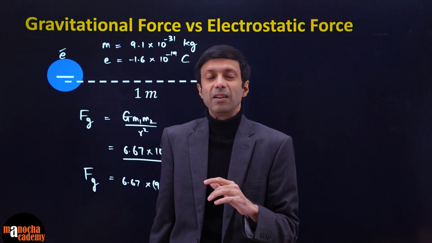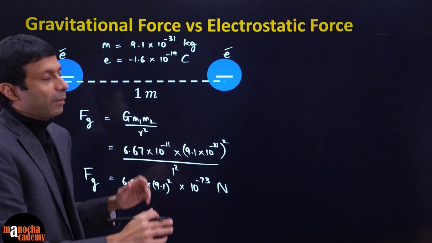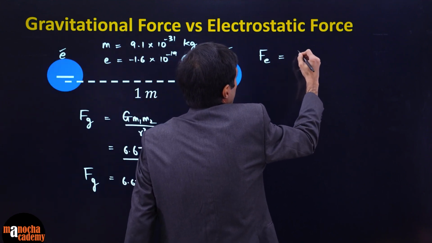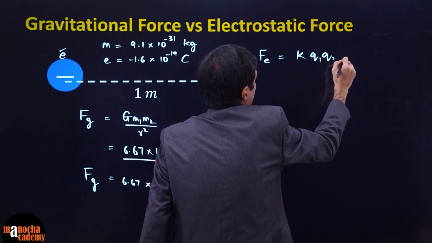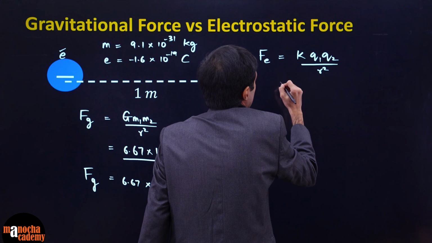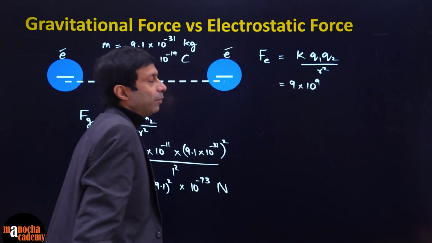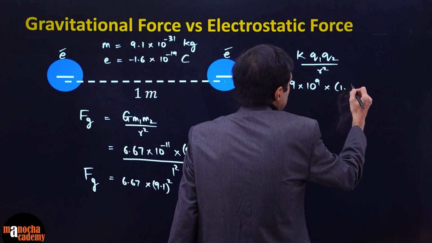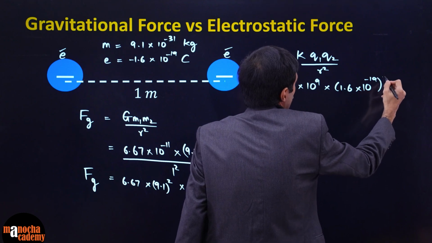Now let's compare this to the electrostatic force, the electrostatic force of repulsion between the two electrons. We calculate it from Coulomb's law, K Q1 Q2 by r square. Again, we're going to assume that this is vacuum, so the value of K is 9 times 10 to the power 9. The two charges are 1.6 times 10 to the power minus 19 square.